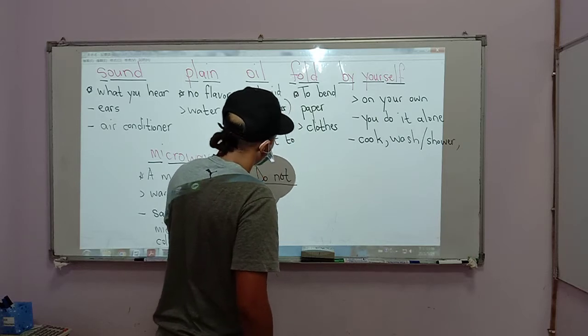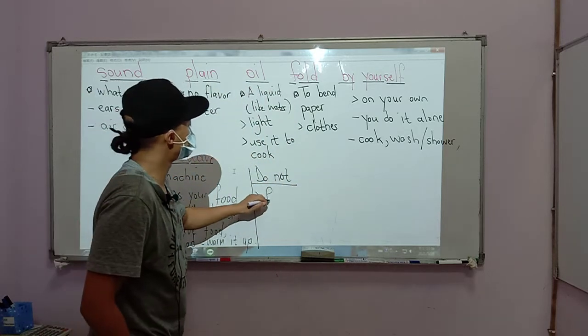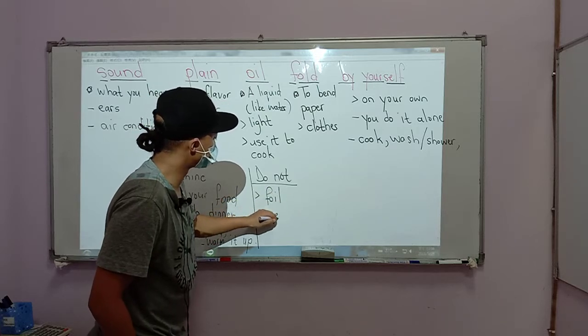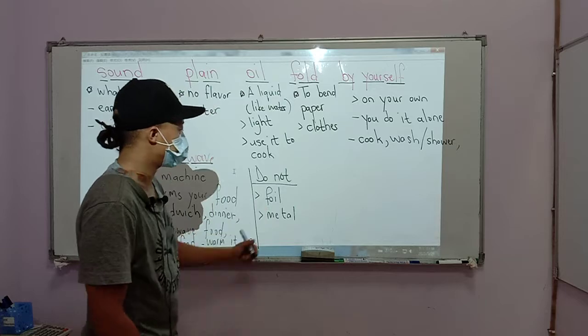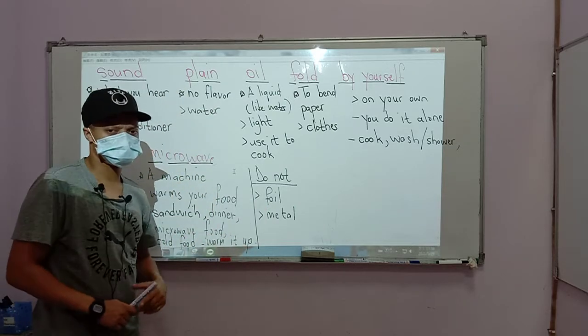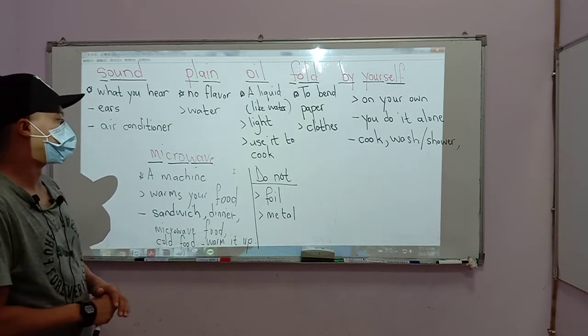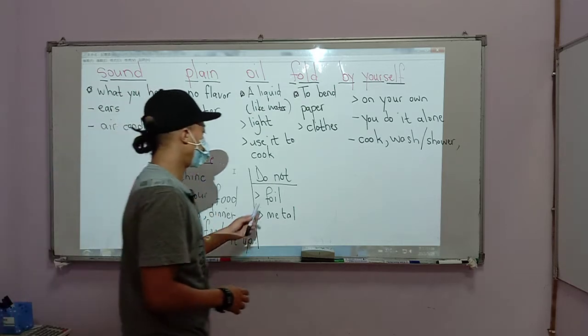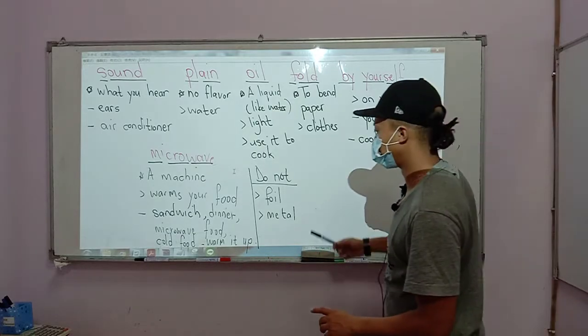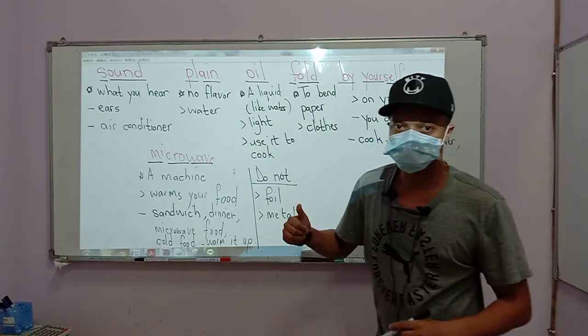Do not put foil or metal in the microwave. That's very, very bad for the microwave. If you're not sure, just check it out, and then they will tell you why you cannot use foil in the microwave. Very important, foil and metal.